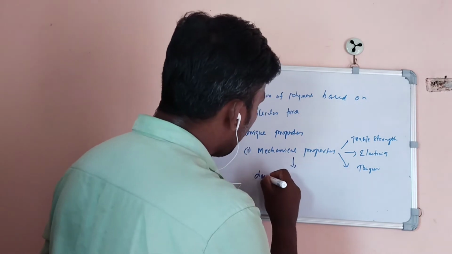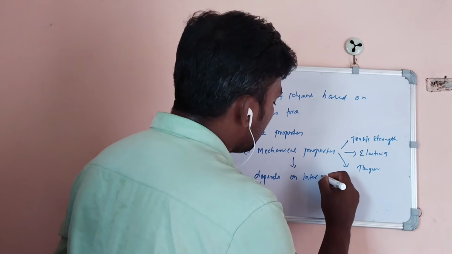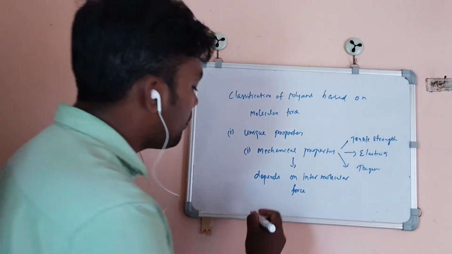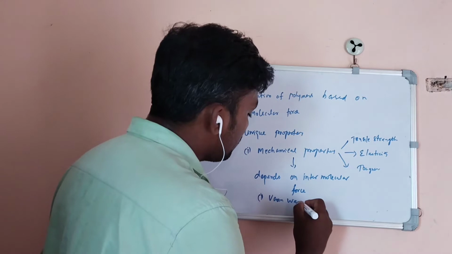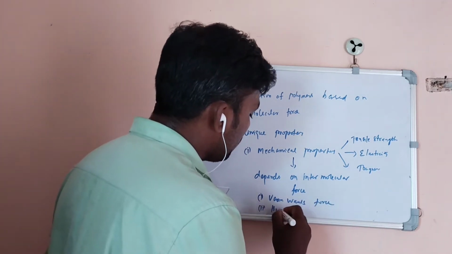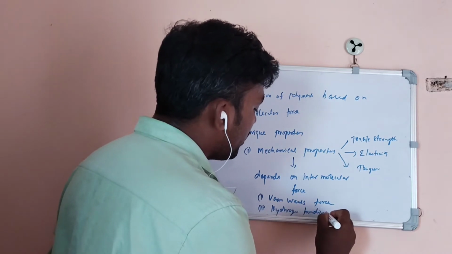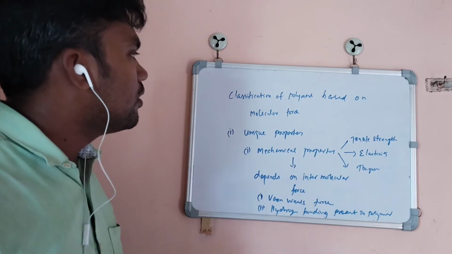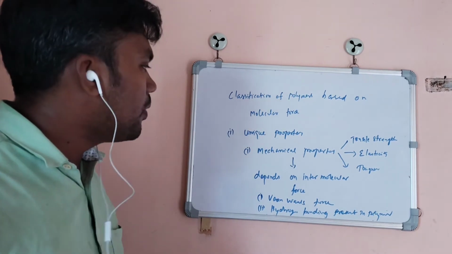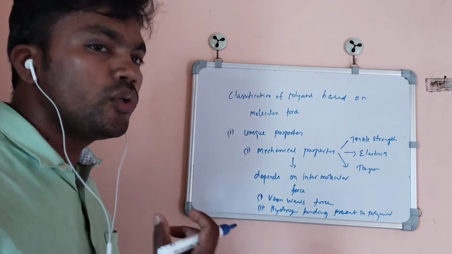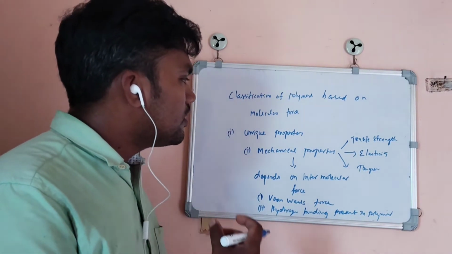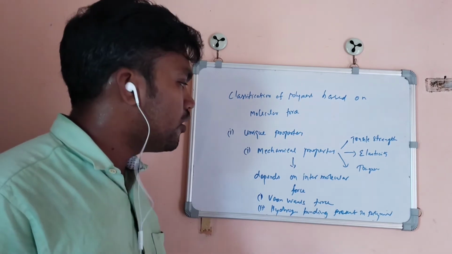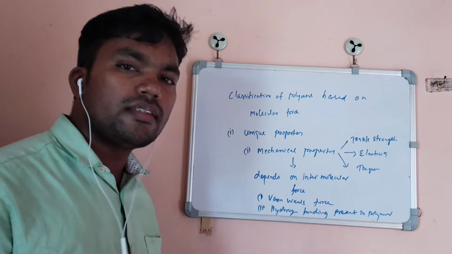The mechanical property depends on the intermolecular force involved in the polymers, for example, van der Waals force and hydrogen bonding present in the polymers. In this class we are seeing the classification of polymers based on the molecular force. When you use any polymer, it should have some unique properties, like mechanical properties. Under this category we will discuss tensile strength, elasticity, and toughness. The mechanical properties mainly depend on the intermolecular force involved in the polymers, for example, van der Waals force and hydrogen bonding.